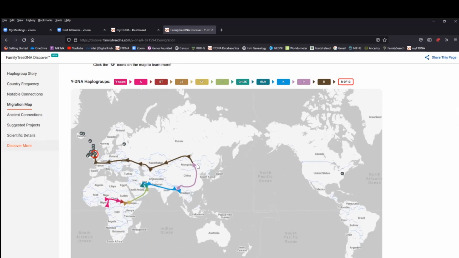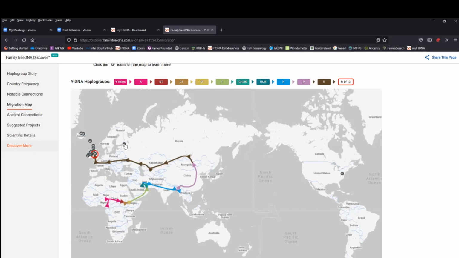So you can go round these and see that that's the path that all the generations would have taken out of Africa to get to RDF 13 that then led to my haplogroup being created. So everyone who's RDF 13, then there were different groups created out of that, and one of them is mine.